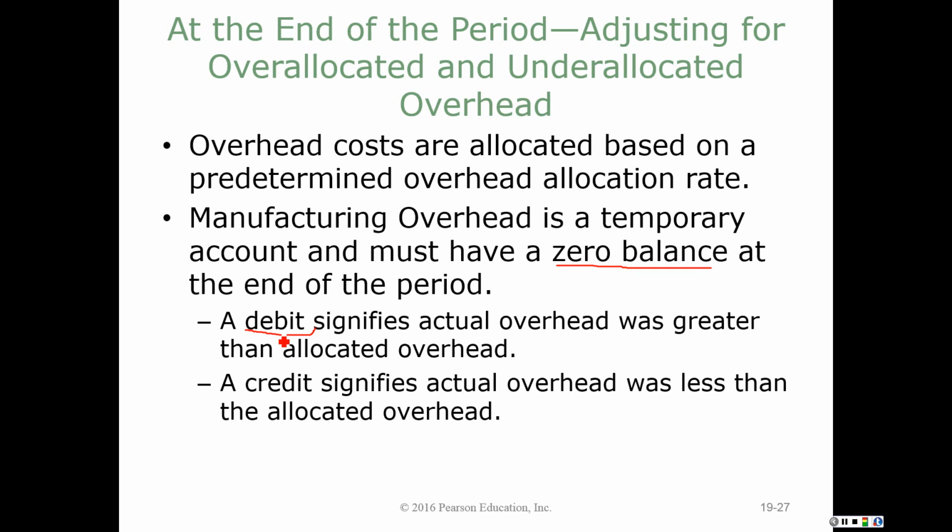And if we still have some debits in manufacturing overhead, then we didn't allocate enough to our jobs. If we have a credit balance sitting out in manufacturing overhead, that means we've moved too much overhead into our jobs. We've overallocated and moved more in there than we should have. And an adjustment will have to take place. Okay, we'll take a look at that in a later objective.